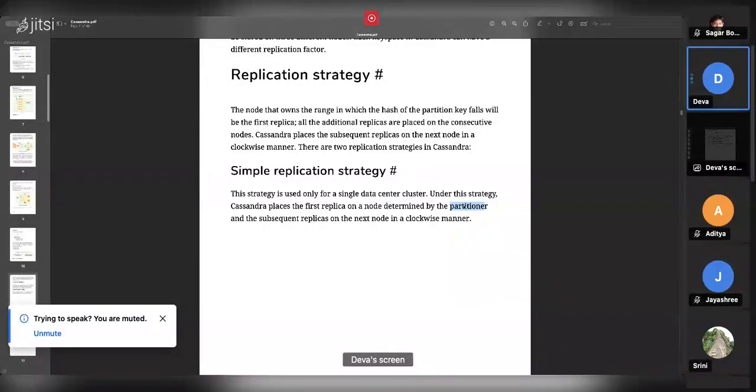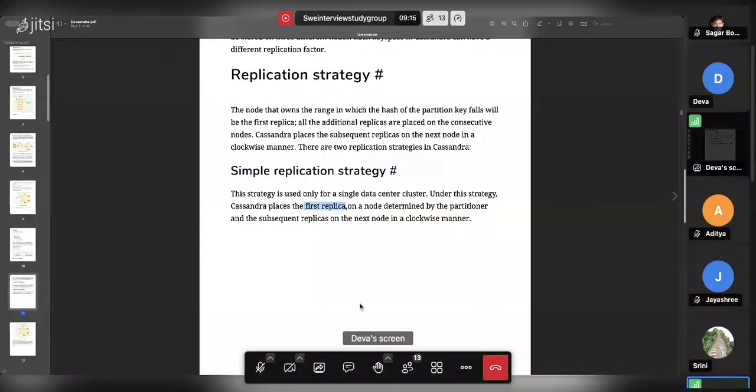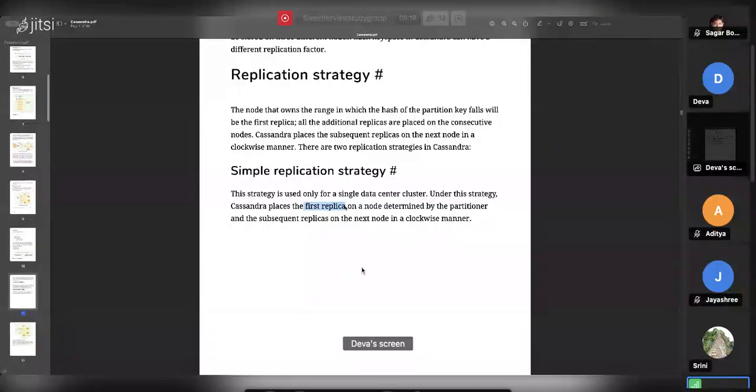But here they were saying, my understanding is the first replica is what the coordinator keeps inside. First replica is decided by the hashing of the partitioning key, right?